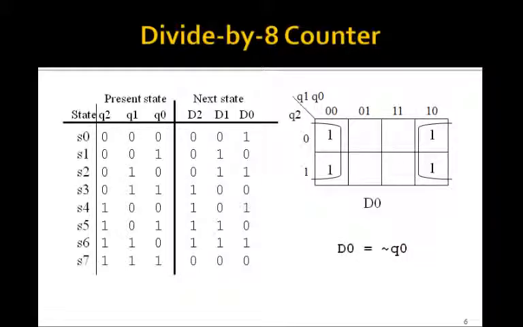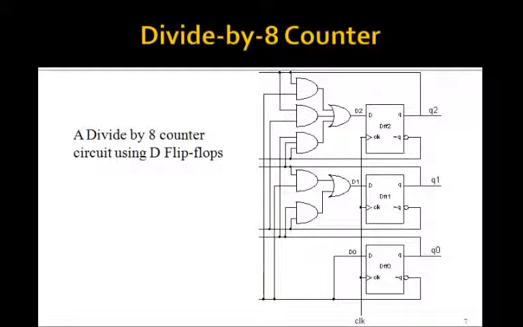So we have the 3 logic equations, and we can just draw the full circuit for the divide by 8 counter here. The outputs will be Q2, Q1, Q0, and here's the logic equation. You see D0 is just not Q0 that we got from the Karnaugh map. Q1 is just going to be D1.